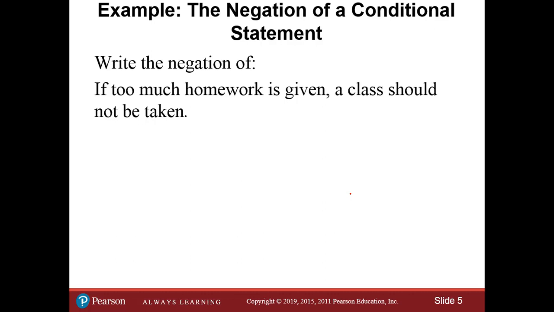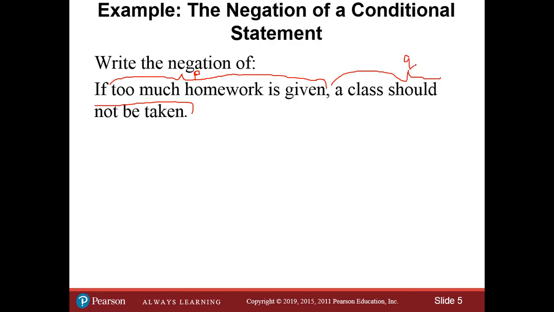So if we write the negation of this one, it says if too much work is given, a class should not be taken. So we could say that this here is P, and this is Q, right?